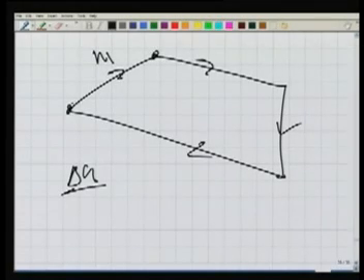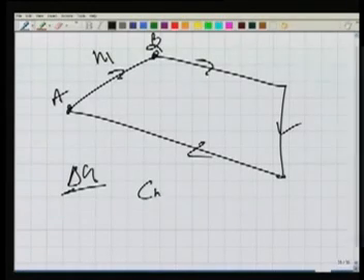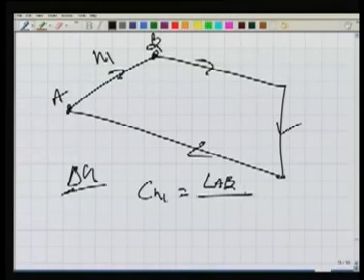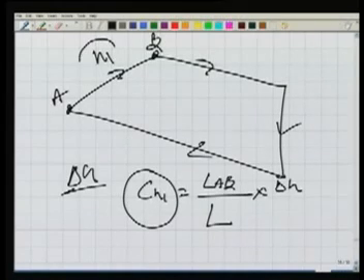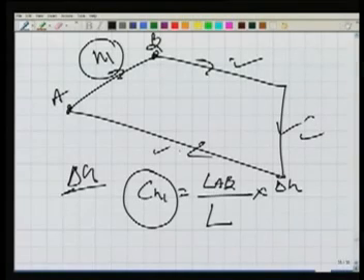So for this A and B link, the correction in H1 will be the length of AB divided by the total length, the entire perimeter here, multiplied by the closing error. So we can find the correction and apply it to H1. Similarly everywhere, H2, H3, H4. So this total error has now been distributed.